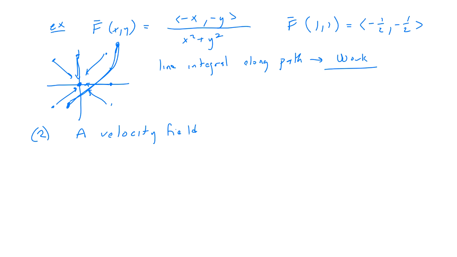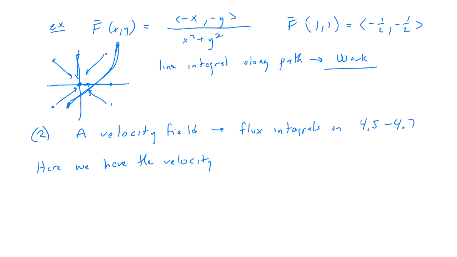And this will lead to what are called flux integrals in sections 4.5 to 4.7. In a velocity field, when we plug in the point, we get back the velocity at that point.